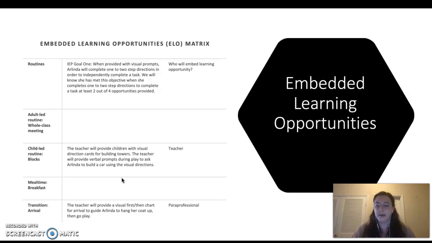I just want to draw your attention to the fact that most weeks in the examples provided to you, we've included at least one activity within the ELO planning matrix that is going to be carried out by the paraprofessional. In this scenario, the paraprofessional is using embedded learning opportunities during arrival time to help support this student's IEP goal. So paraprofessionals and teachers should ideally be working together to carry out these embedded learning opportunities that we've been talking about so much in this course for the past several weeks.